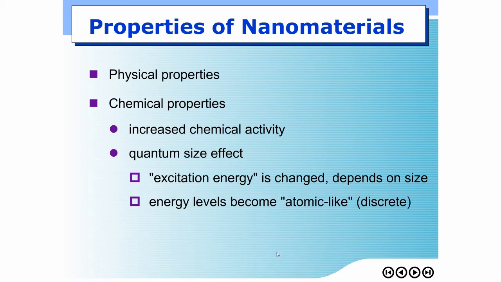And the energy levels of the nanoparticles for such excitation become discrete like atoms, and these depend on the size. So you can imagine that if you can control the size precisely, then you can control the excitation energy relatively easily.